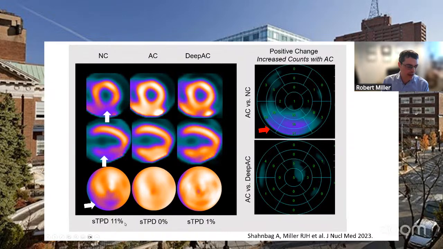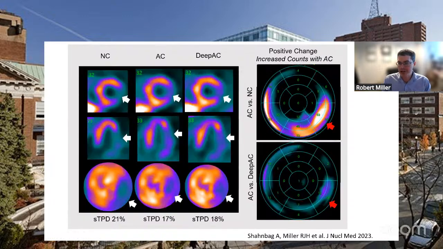Quantitatively, there was an 11% stress total perfusion defect in the NC images, which was normal in both AC and deep AC. On the right, you can see a quantitative measure to look at differences between images. That's called a change analysis. And what you can see is that there's more dissimilarity between AC and NC than there is between AC and deep AC.